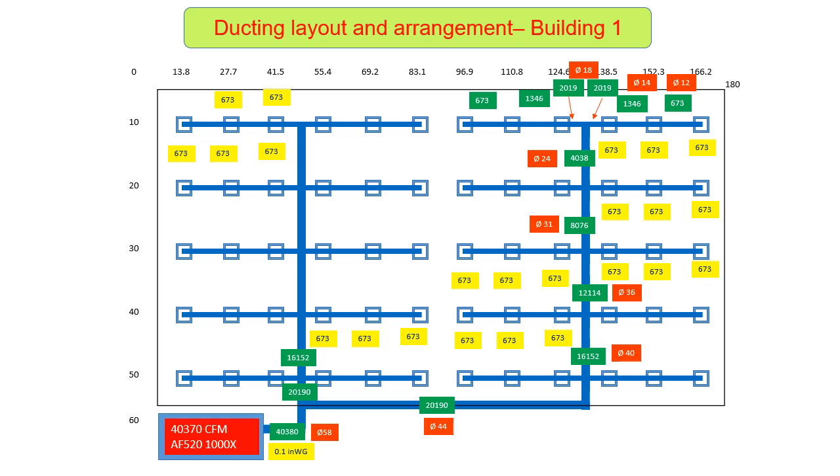Alright, so you can see here a diffuser will cater only 673 CFM, and the bigger trunk here is the main duct.